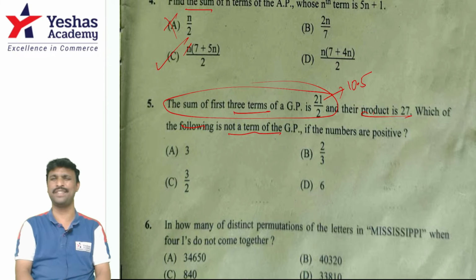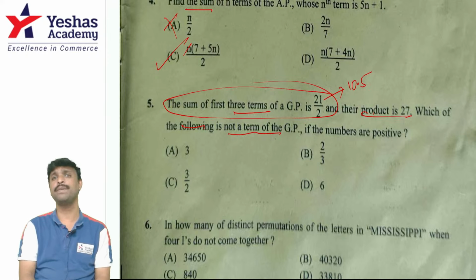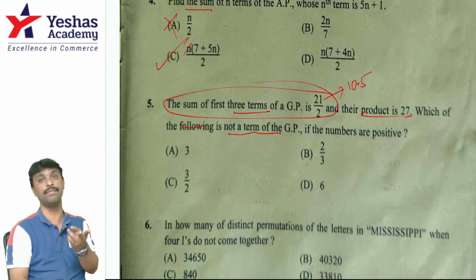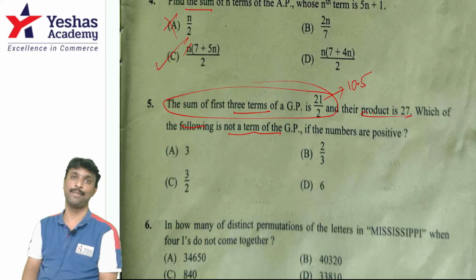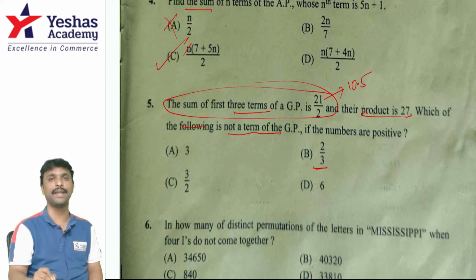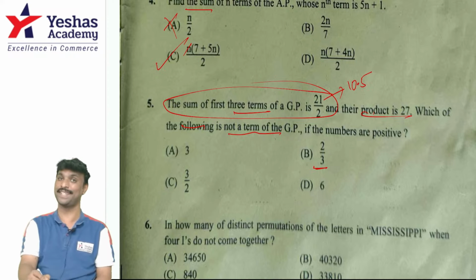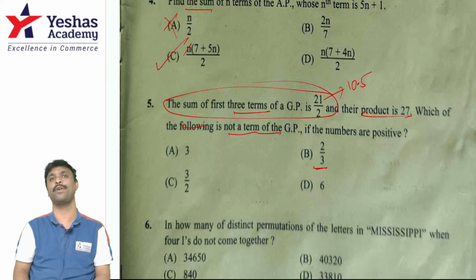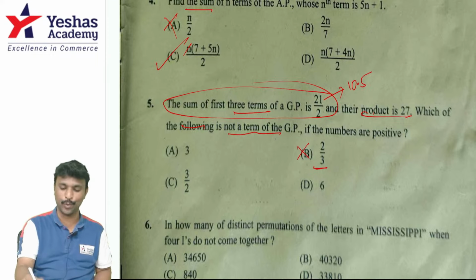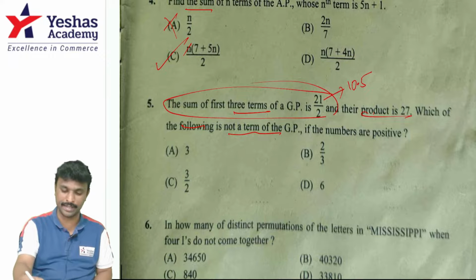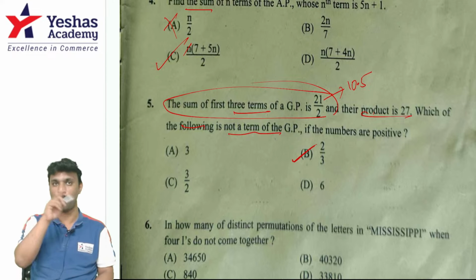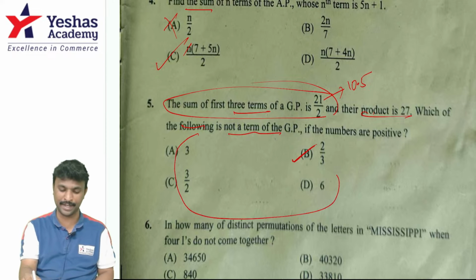Just use common sense: which term, if I consider it, cannot give a sum of 10.5? If I consider 2 by 3, the result is 0.6666. If I add that to something, definitely that will not fetch me 10.5. So exclude this. If this is not the right term, the remaining 3 must be the right terms, correct?